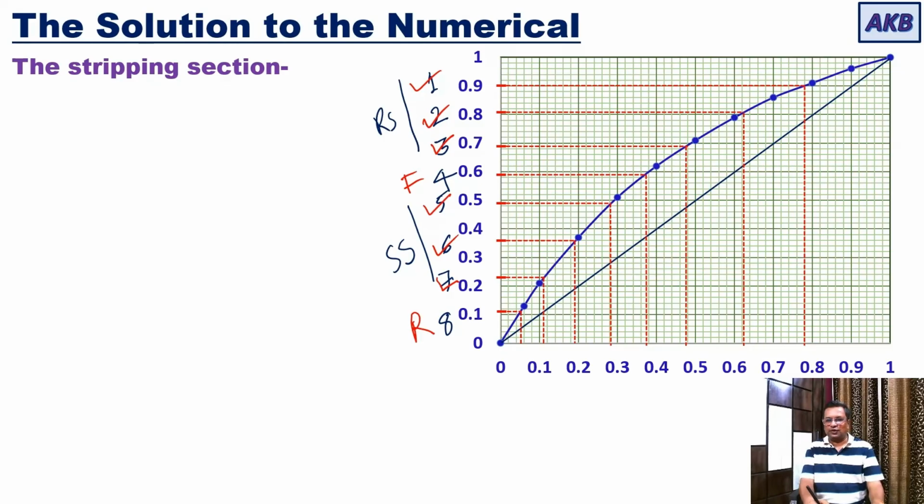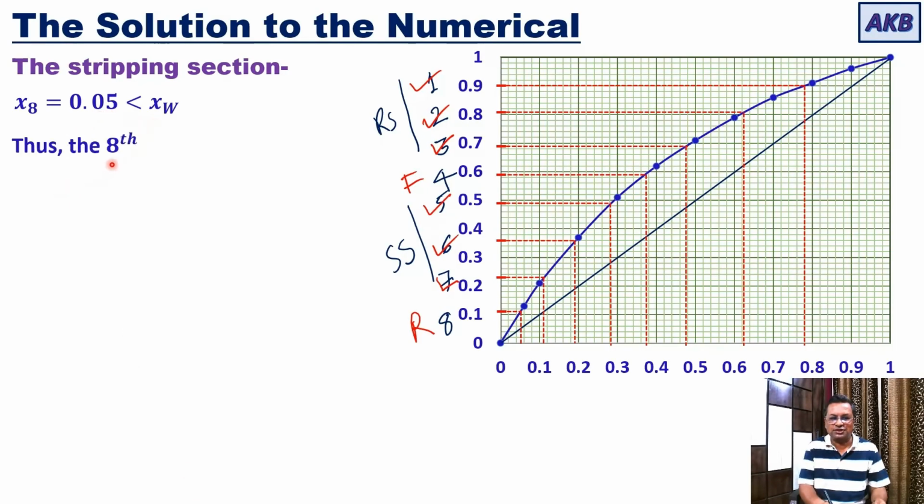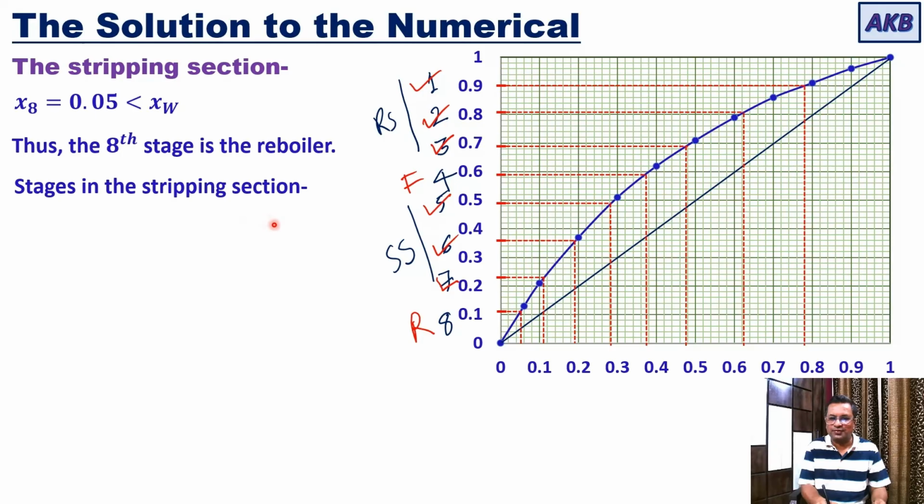So in this way, we finally get the number of ideal stages in this particular tray column by using the Lewis-Sorel method. So x8 is 0.05, which is less than xw. That means the 8th stage is the reboiler that I told you. Stages in the stripping section are the 5th, 6th, and 7th stages.